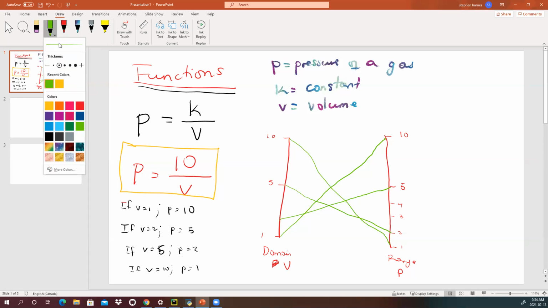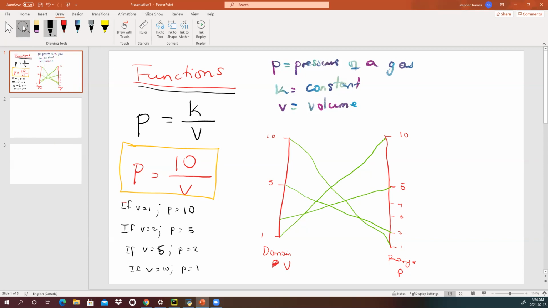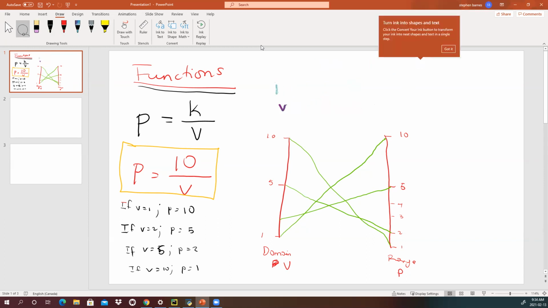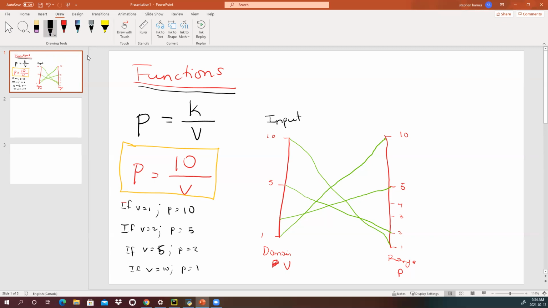So when it comes to functions, I want to make a few points. I'm just going to erase this so I can put some notes there. When you think about your function, you can think of your domain as sort of an input, what you put in.